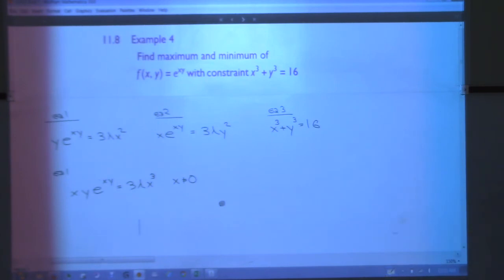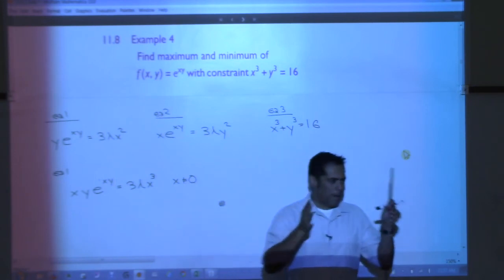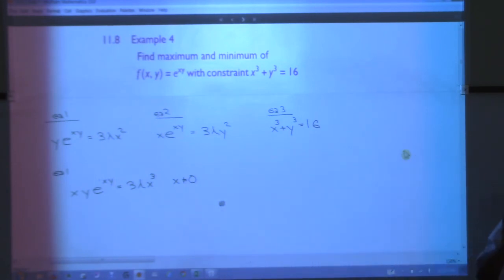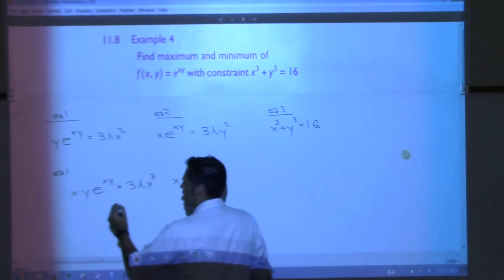So that's equation 1. Why did I put x can't be 0? Because when you multiply two sides of an equation, you can multiply by anything except 0. So I need to state that. All right, that's equation 1.